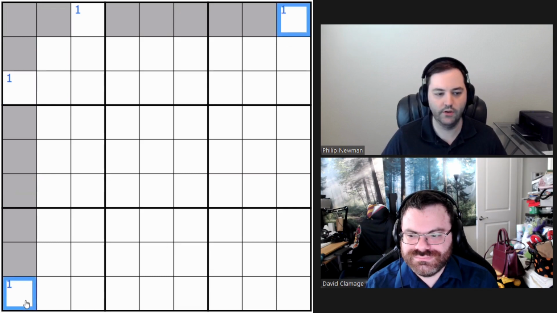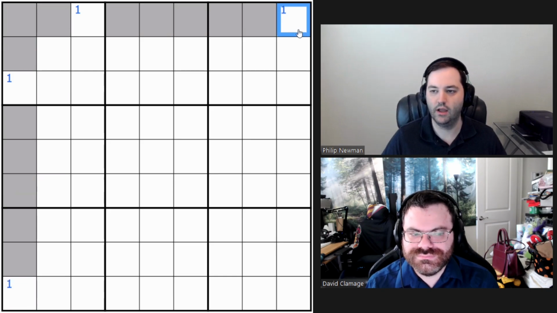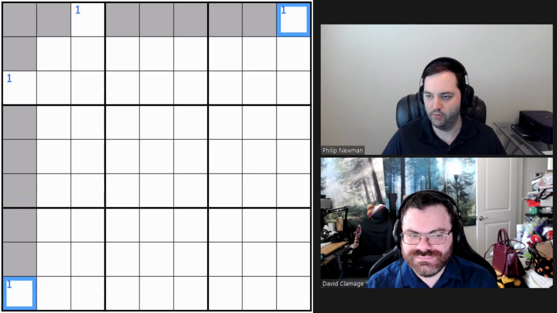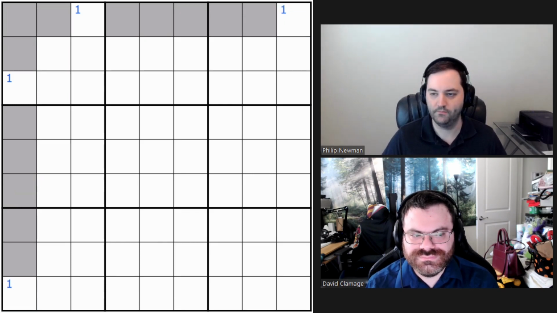And the result is a strong link between the ends of the chain. Which means, again, at least one of them must be true. Now that they're not in the same house, not in the same row or column or box, they could both be true. But at least one is true. So that's strong links and weak links and alternating inference chains.